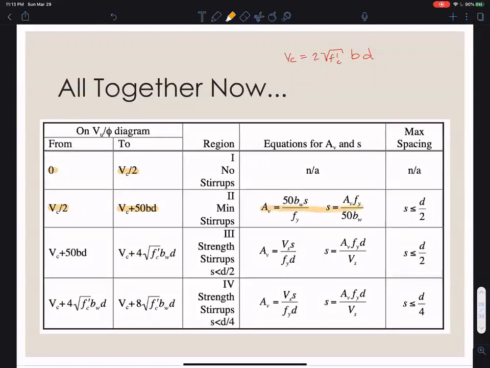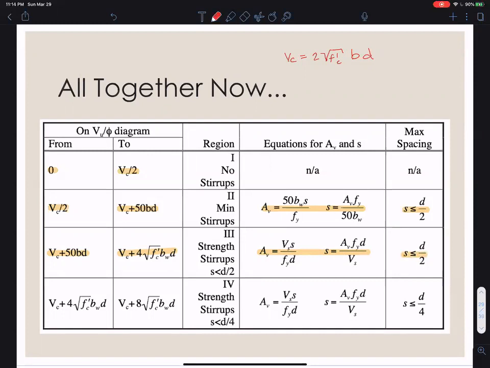And these are the equations you're going to use. And the spacing has to be less than d over 2. Increasing on your shear diagram, anywhere from Vc plus 50 b d to Vc plus 4 square root f'c b d, you're going to have strength stirrups, and you'll use these equations, and s is less than d over 2.